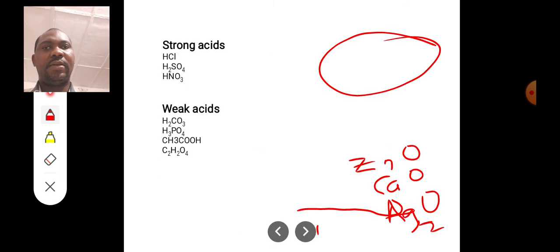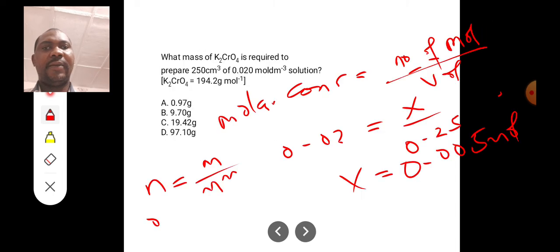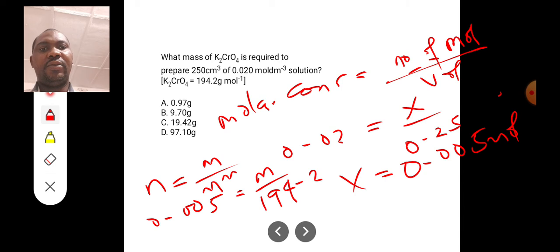The number of moles is 0.005, equal to the mass, which is what we are looking for, over the molar mass, which here is 194.2.